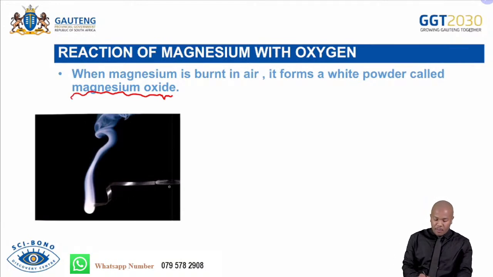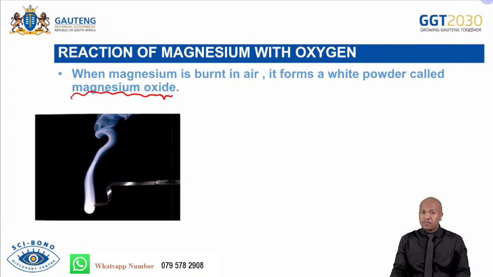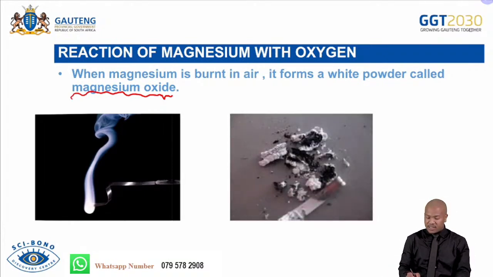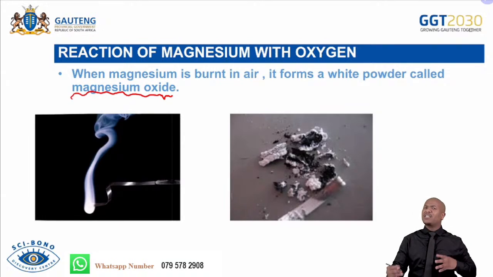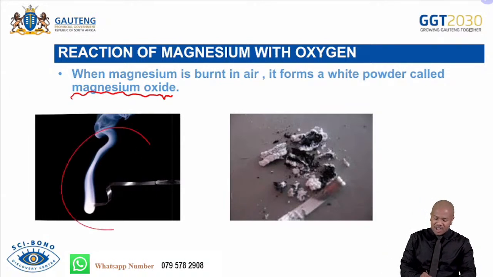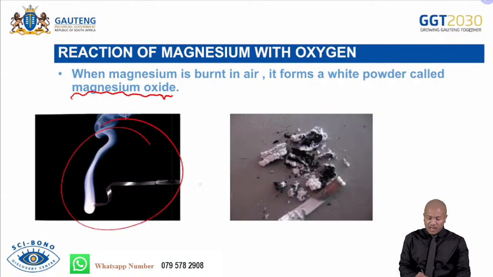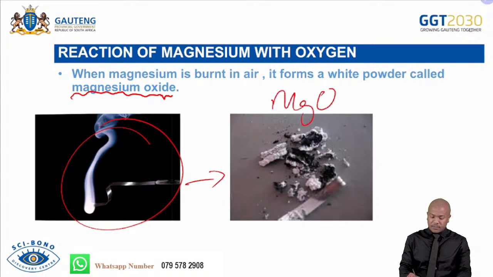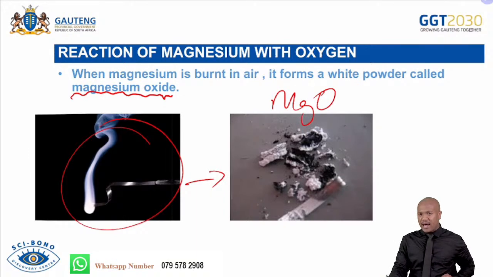Here is a strip of magnesium burning in such a bright flame. And after that, it forms these ashes as a product. And these ashes are called our magnesium oxide because it is the product of this reaction here, right? So the product here is our magnesium oxide that is formed at the end.